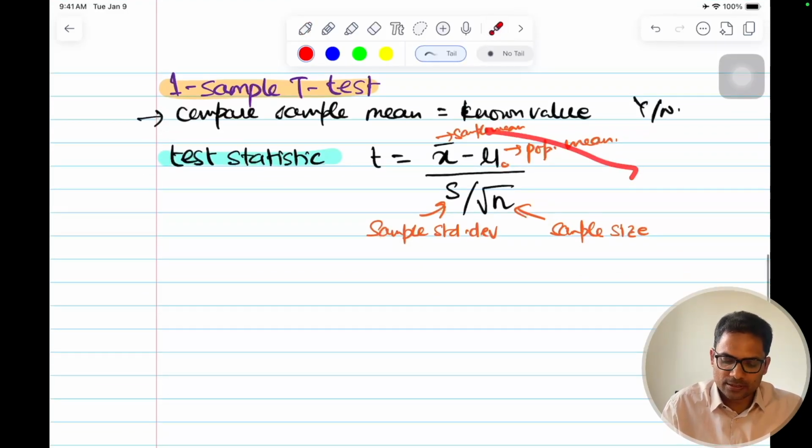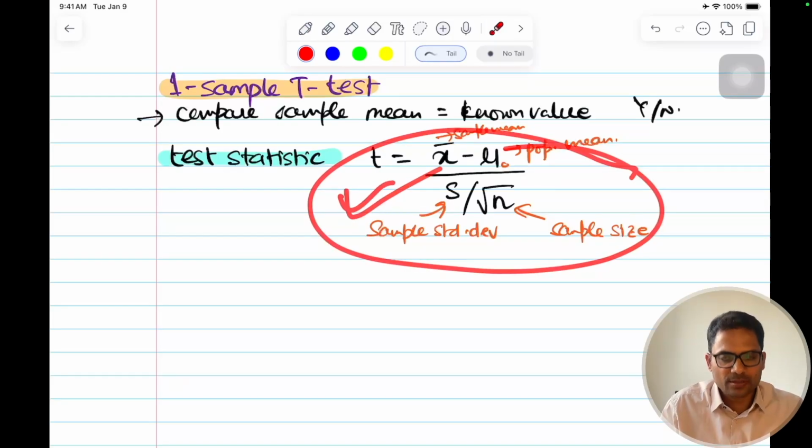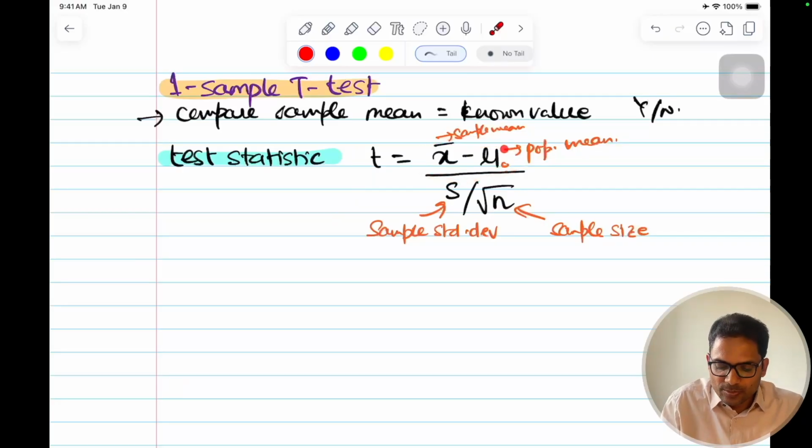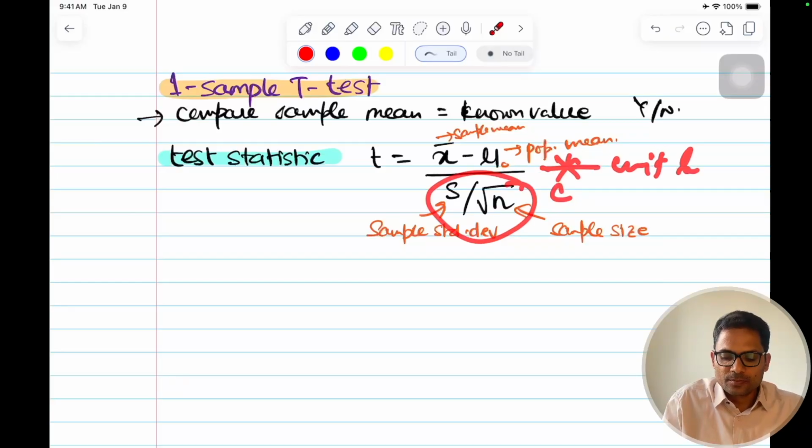It is defined for all the tests. There's a derivation for this also, but I won't go into that. Just know they're very common and have a pattern. Whenever we compare means, there will be a mean at the top and some form of standard deviation in the denominator, because the unit of the mean and the unit of standard deviation are the same, so it gets standardized and finally becomes unitless.